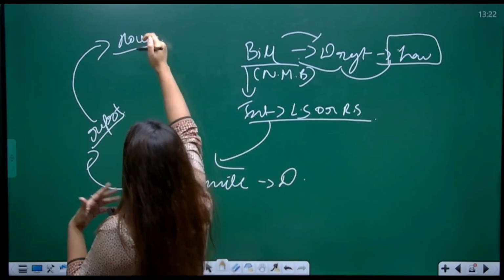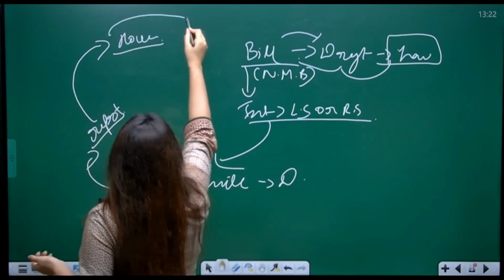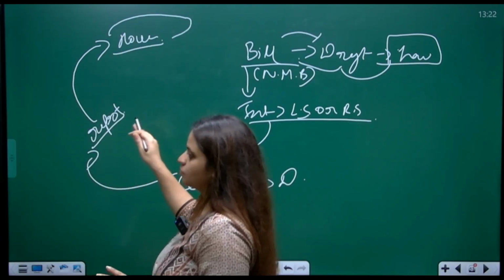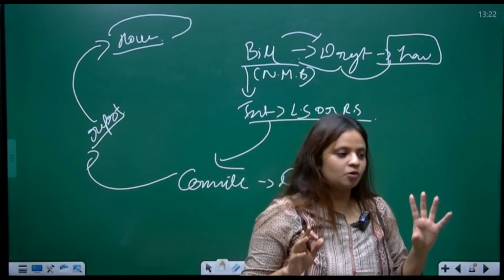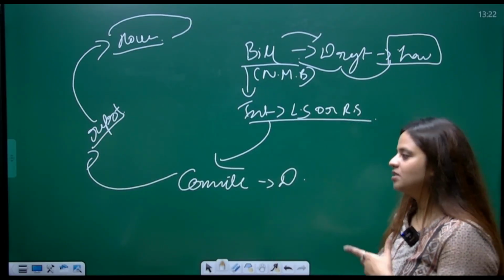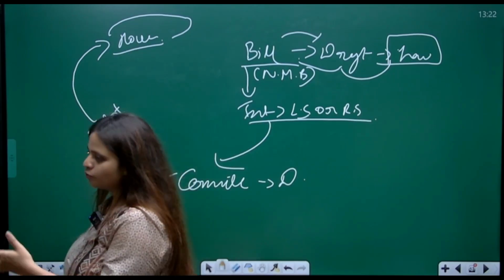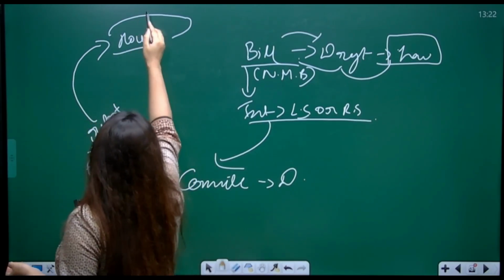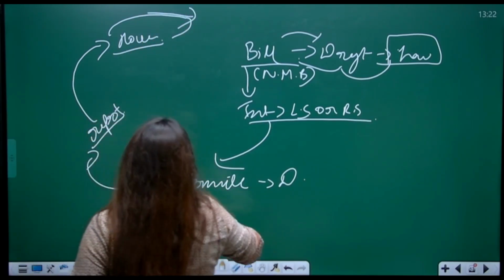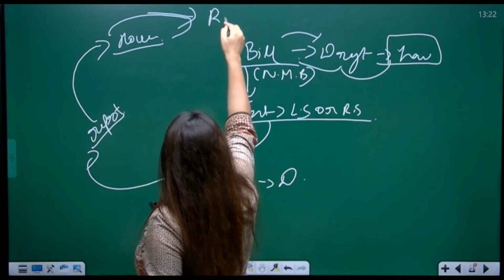After the deliberate discussion, it will move to the other house. The house can accept or reject whatever improvements have been made. If the bill is approved, it is sent to the other house, which is the Rajya Sabha.